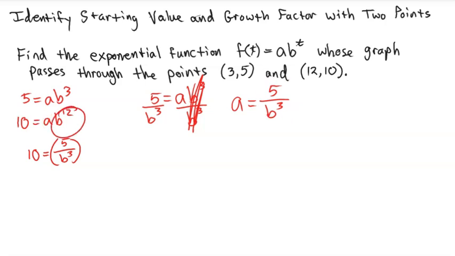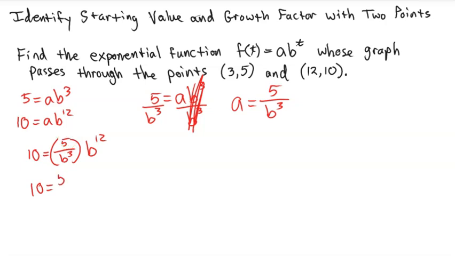And now I have to write the B to the 12th power. So what I have here is 10 is equal to A times B to the 12th power, which we already had, but we replaced the A with what A is equal to, 5 over B to the 3rd. Well, we can simplify this now. So we can multiply the B to the 12th power times the numerator, 5.